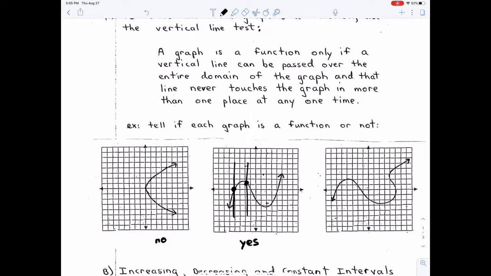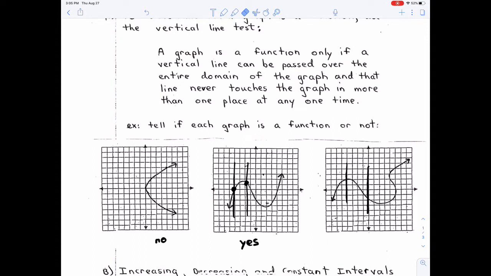Okay, how about this? Well, take a look here. At that value of x, you have exactly one value for y. So far, so good. How about here? Okay, so this seems like it's a function, but is there any place on this graph that you could draw a vertical line and have more than one value for y? In other words, that you can touch the graph more than once? Yeah.